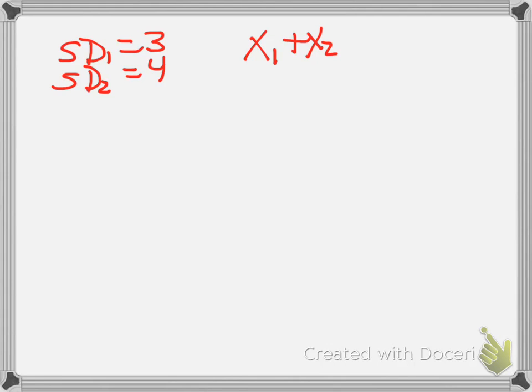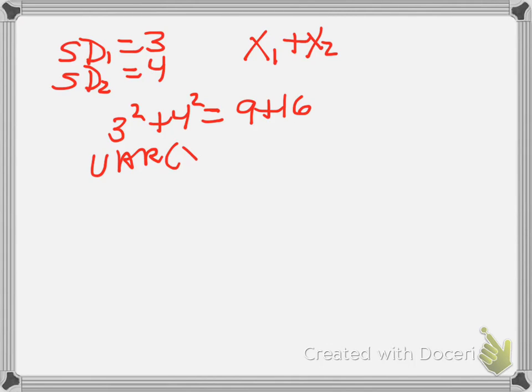So remember, if I had SD1 is equal to 3 and SD2 is equal to 4, and I wanted x1 plus x2, we would say 3 squared plus 4 squared is equal to 9 plus 16, so the variance of x1 plus x2 is equal to 25.